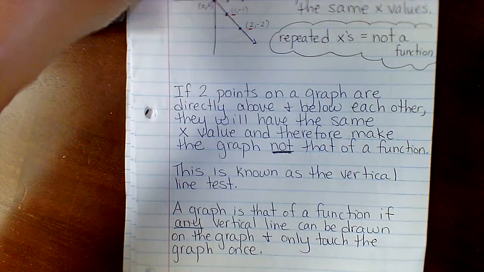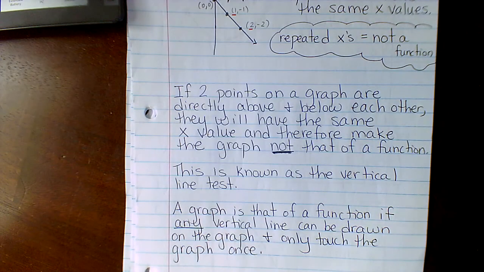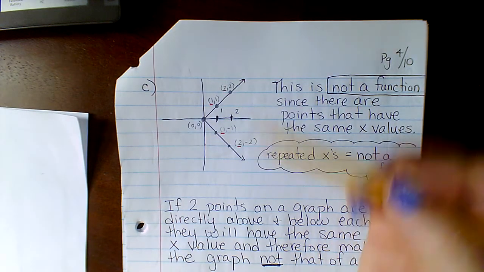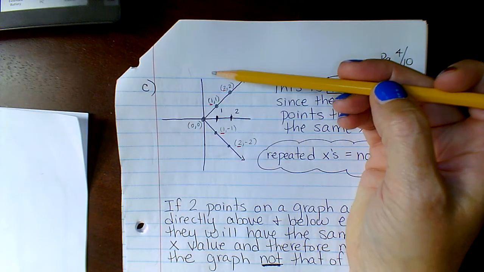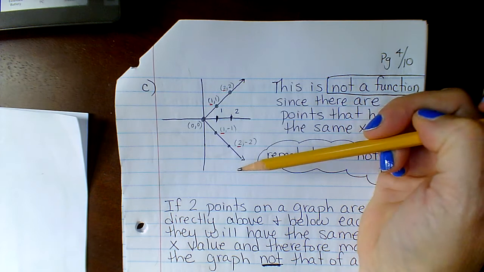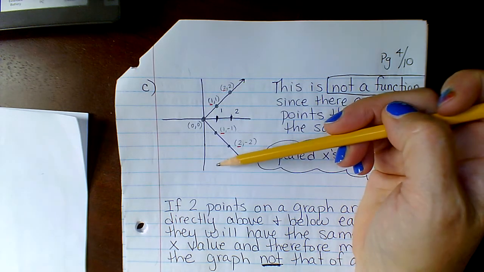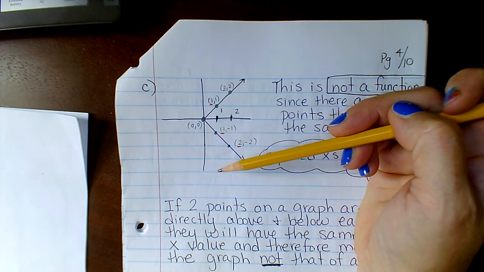So we say that a graph is that of a function if any vertical line can be drawn on the graph and only touch the graph once. So if we have this graph, I should be able to draw a vertical line anywhere, and each of those lines individually should only touch the graph one time.